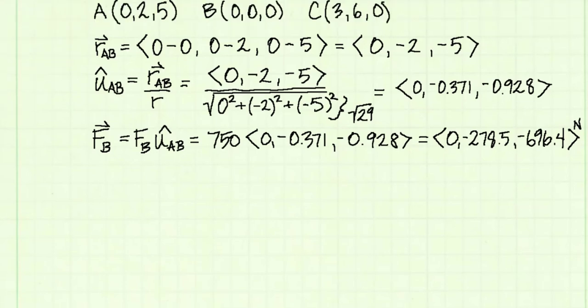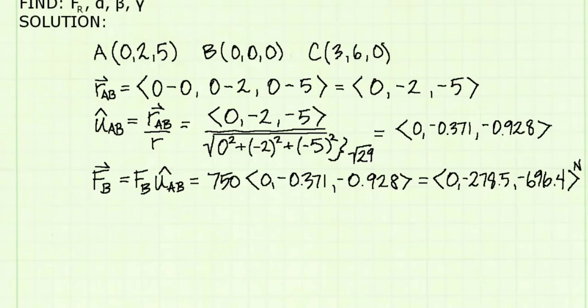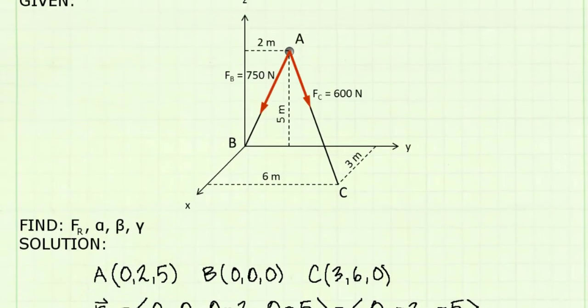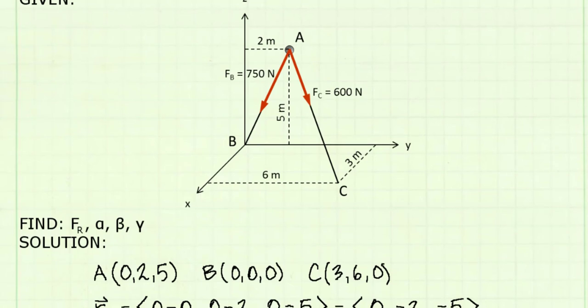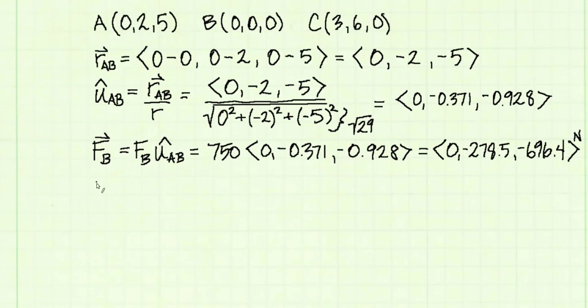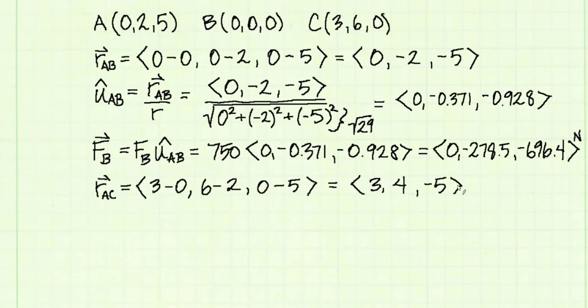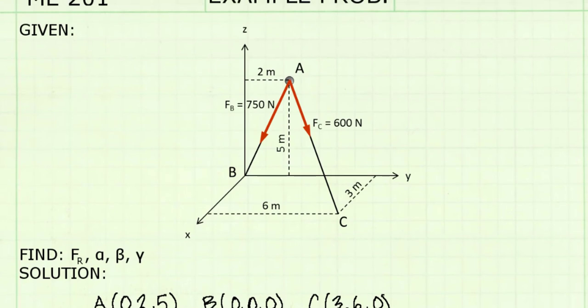Let's do the same now for force vector FC. Force FC goes from point A towards point C, so I'll first find its position vector using the coordinates of point C and point A. Here's my position vector. I can convert it into a unit vector by dividing by its magnitude, and then I can convert that into the force vector FC by multiplying it by the magnitude of the force, which is 600 newtons.